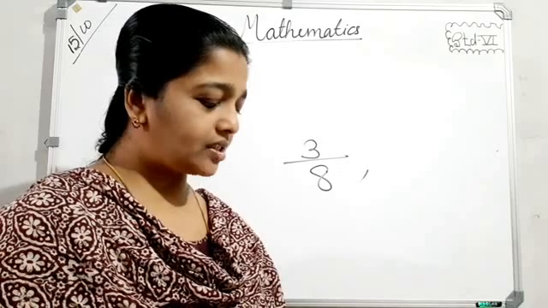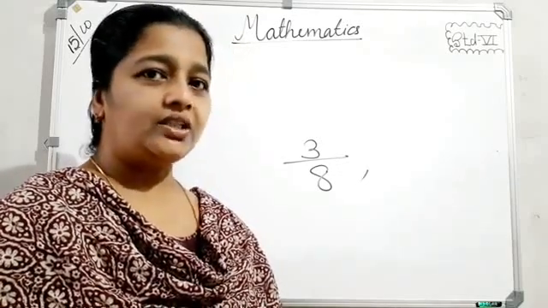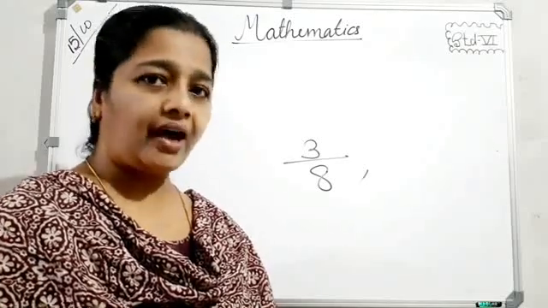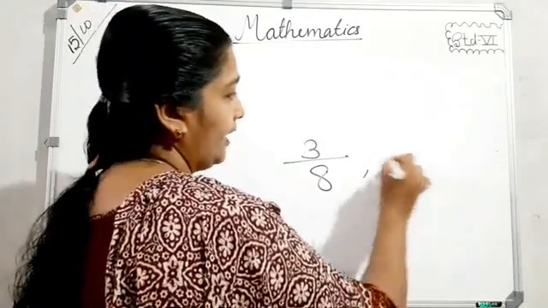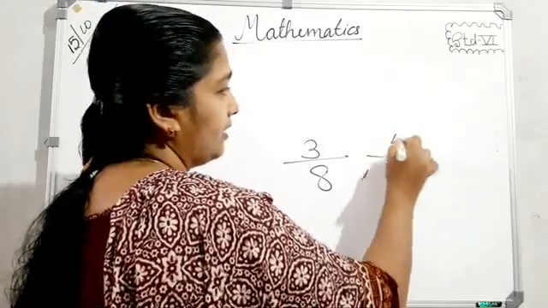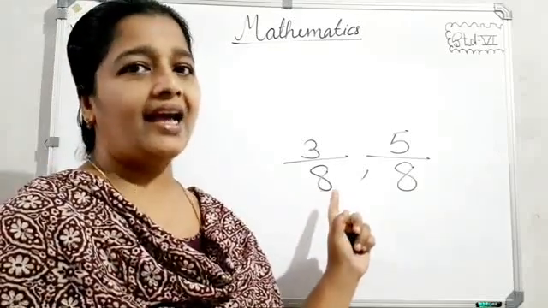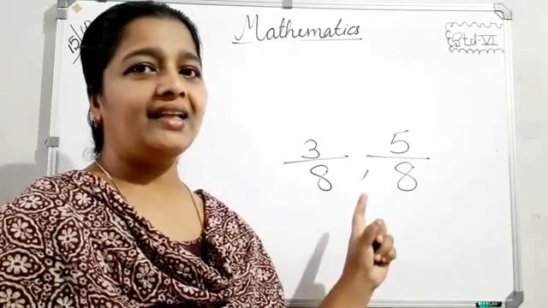And the next sub question: what fraction did she receive as gifts? She got 5 as gifts. The total is 8. So the first part answer is 3 by 8 and the second part answer is 5 by 8. All of you understand? Yes.